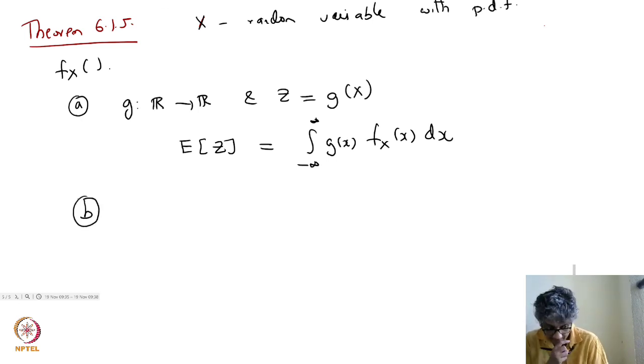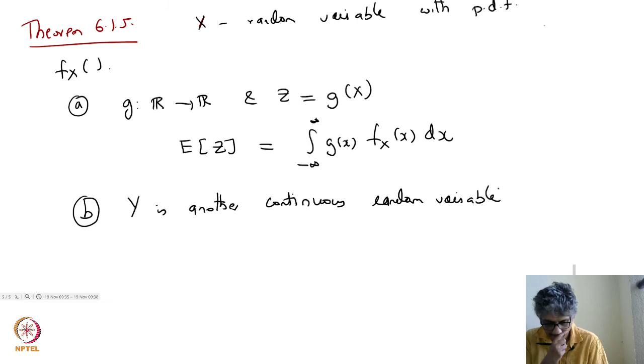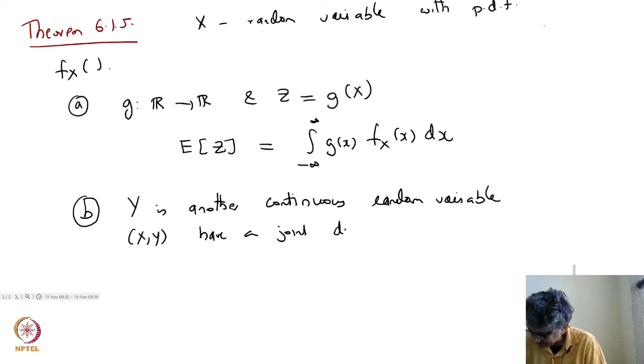And B, let's say Y is another continuous random variable, and let's say X and Y have a joint density f of x comma y.